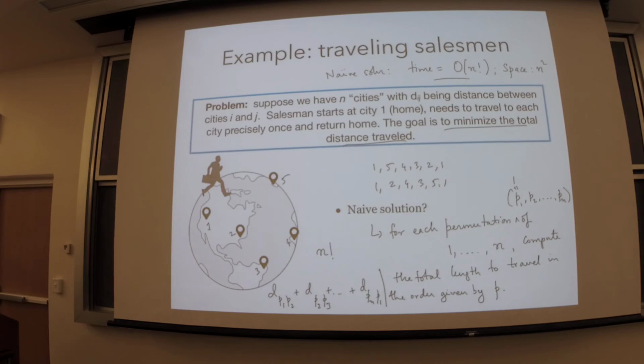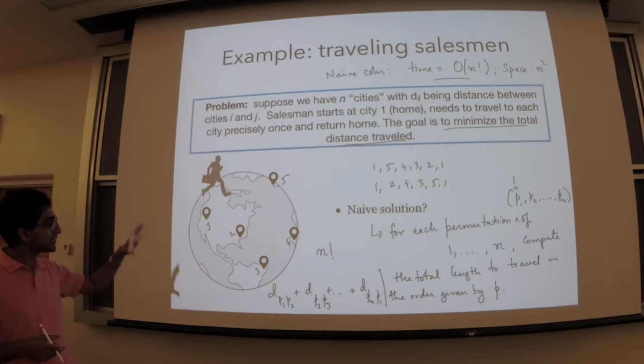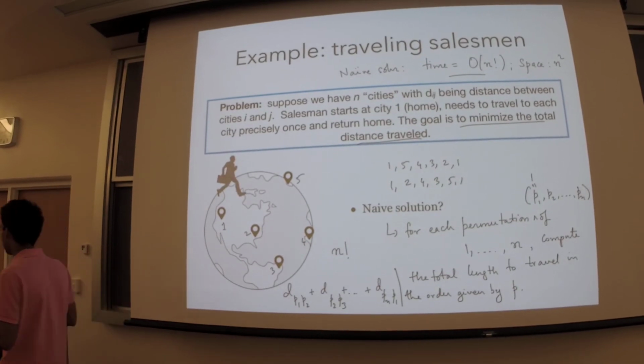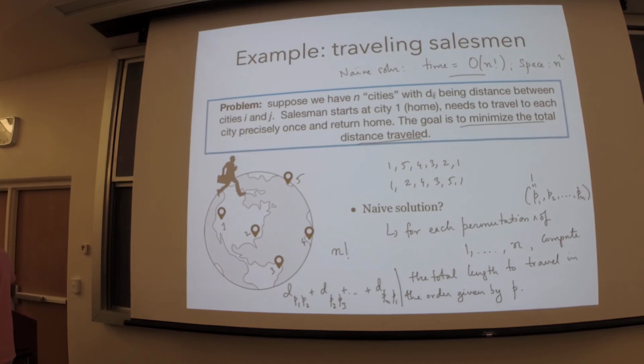The best you can hope for is probably something exponential. What we've come up with is an algorithm with something like 2 to the n running time, but note that 2 to the n is still significantly better than n factorial, because n factorial is almost like n to the power n.